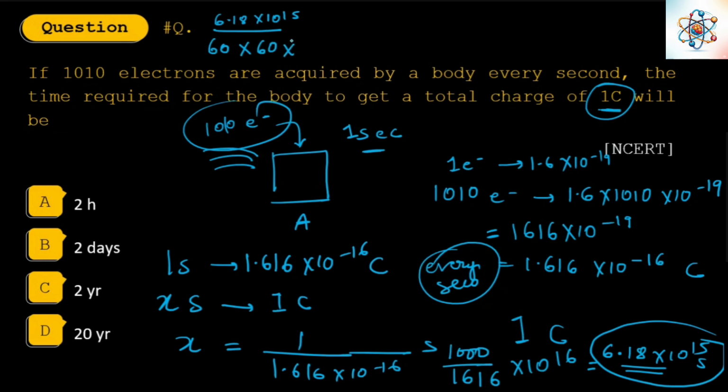If we further divide by 60, it becomes hours. If we further divide by 24, it becomes days. Further dividing by 365, they become years. Calculate it and see what we get.